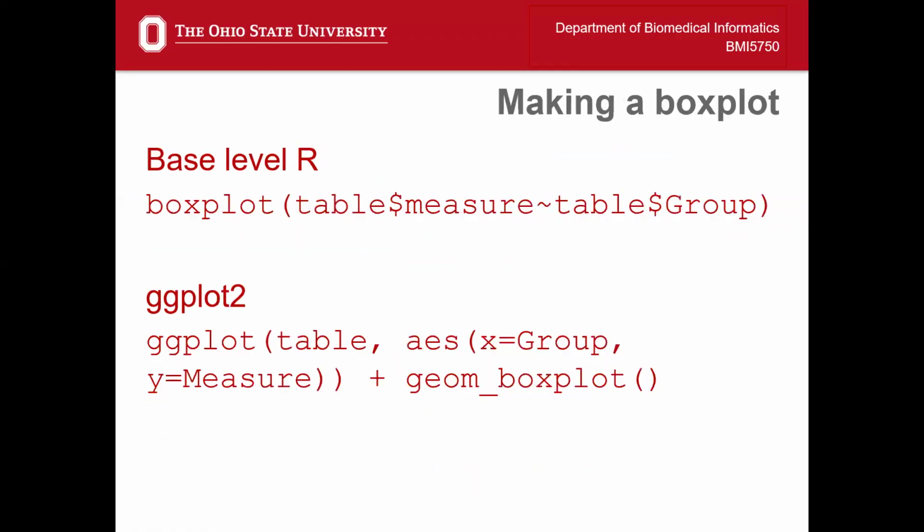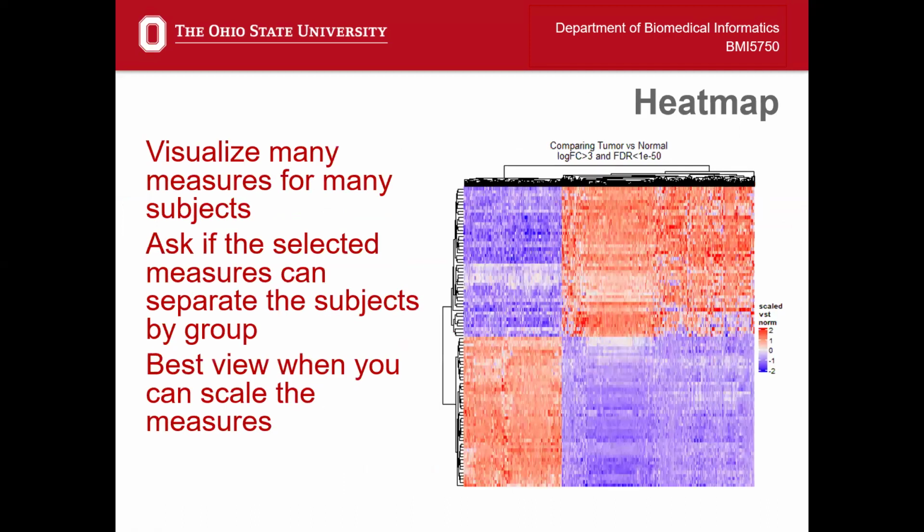Okay. So those are all of the ggplot2 and base level R plots that we're going to talk about today. And then kind of something completely different. We're going to talk about a heat map because heat maps are very useful ways of conveying information about our data. It allows us to visualize many different measures for many different subjects.